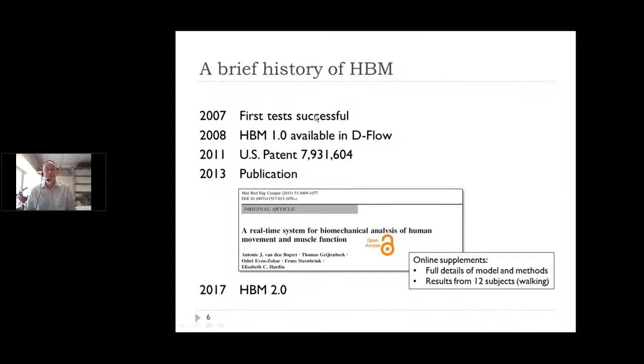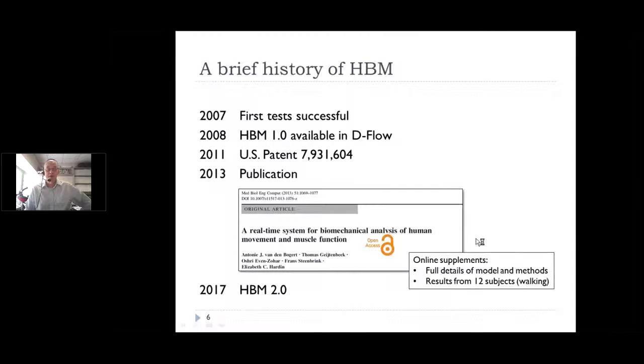The history is that in 2007 we were first successful in making this work. It was available to customers in 2008 in the D-Flow environment, which I will talk about later. There was a patent in 2011, and in 2013 we published a technical paper, which you should look up if you're interested in more of the technical details.